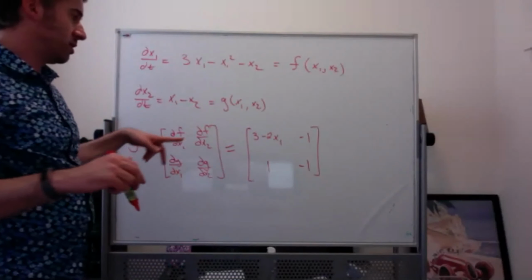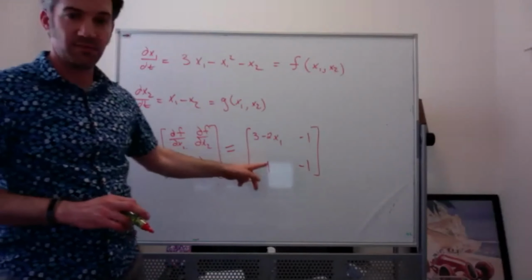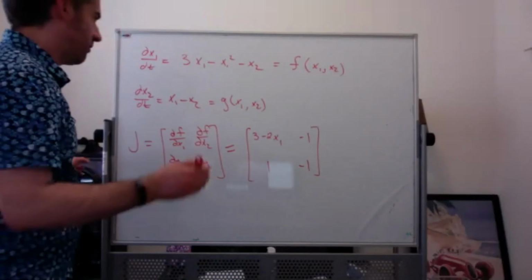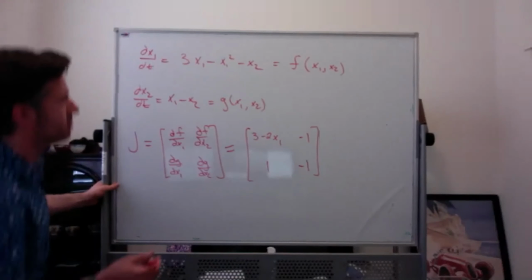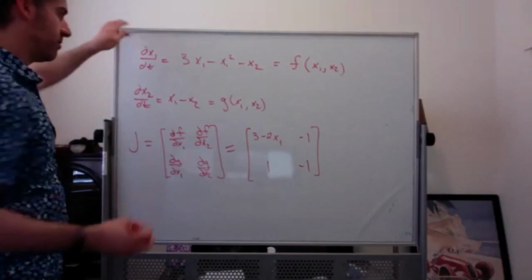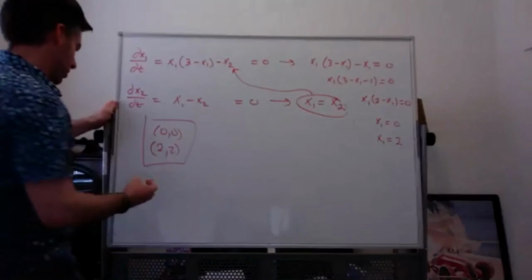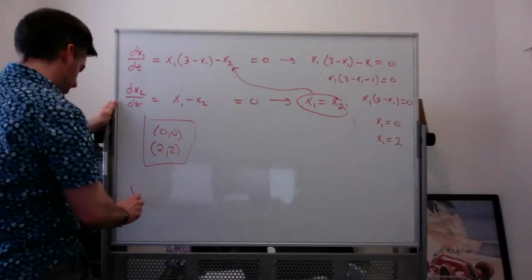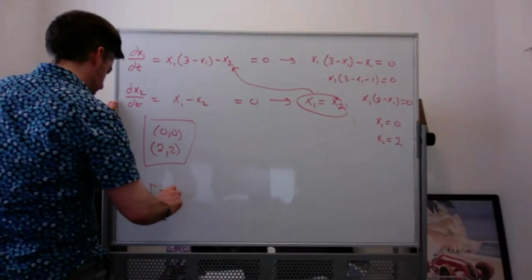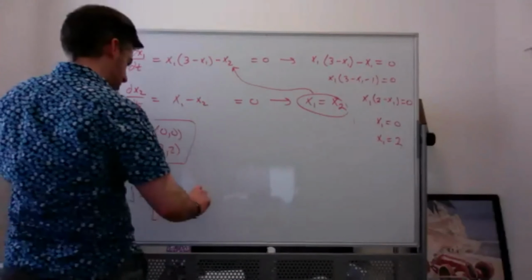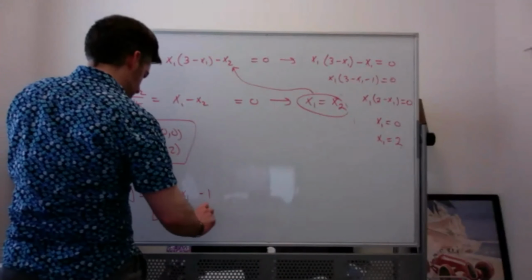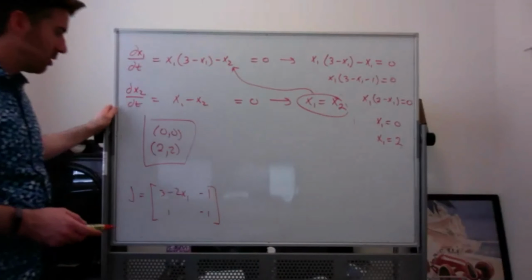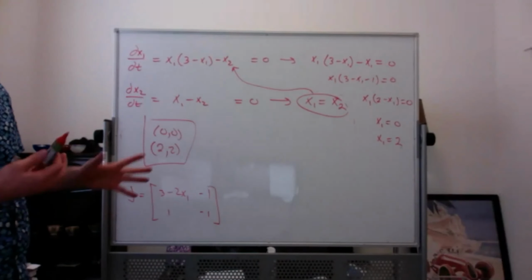And so the idea here is that this matrix is the matrix for any point.